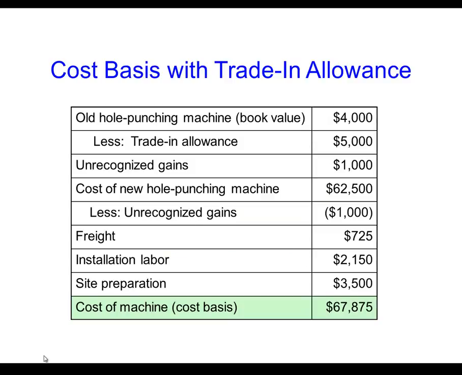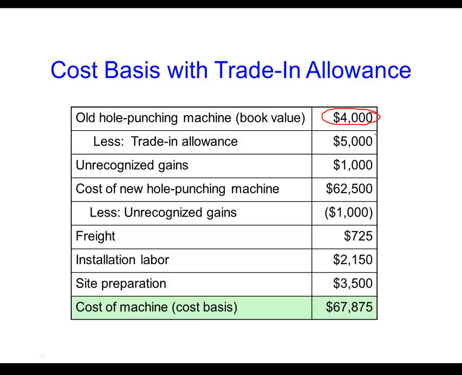If we were to consider the trade-in allowance and it was higher than what we anticipated, in this case, if you look at the table, you expected 4,000 and you got a trade-in allowance of 5,000. Then using the book value, you get the difference between the trade-in and the book value, which is 1,000 in this case, and that's called unrecognized gain.